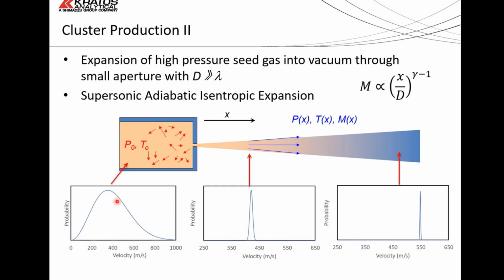And as we move out here at the nozzle orifice, our gas stream will reach sonic velocity. And as it expands further, it will reach supersonic velocity as the Mach number continues to grow. As the Mach number continues to grow, the peak in this velocity distribution increases, but importantly, the spread in the velocity distribution collapses, so eventually it's really small.